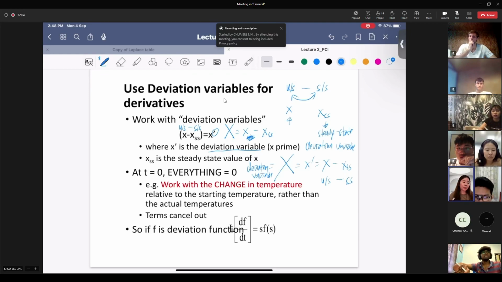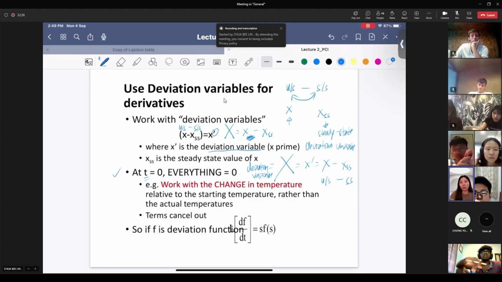So a change is applied to the system at time equals 0. Before time equals 0 there is no change. At time equals 0, the change starts to apply. So at time equals 0, everything equals 0, no change.